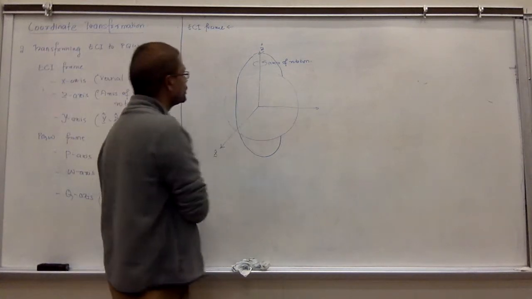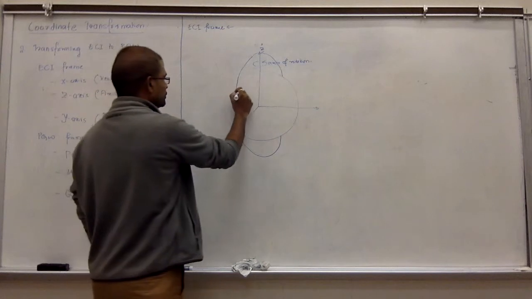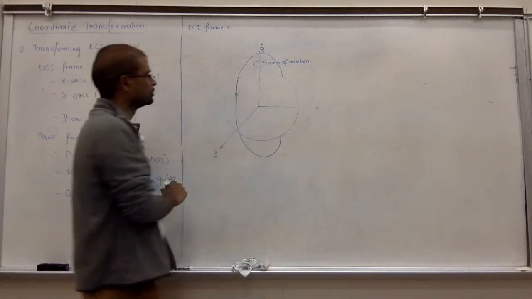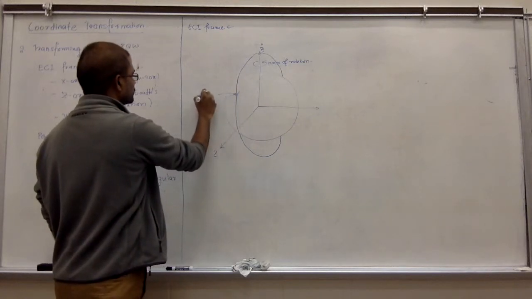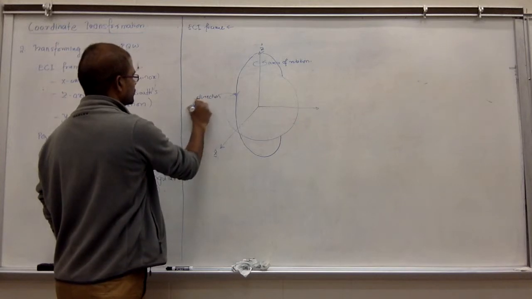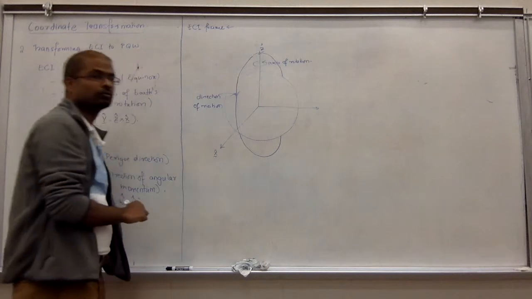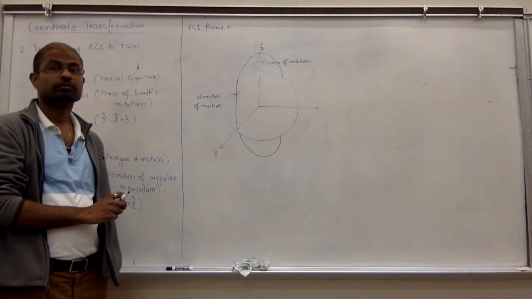So what direction is the angular momentum vector here, if this is the direction of motion? Perpendicular to the inertial frame, between Z and X?